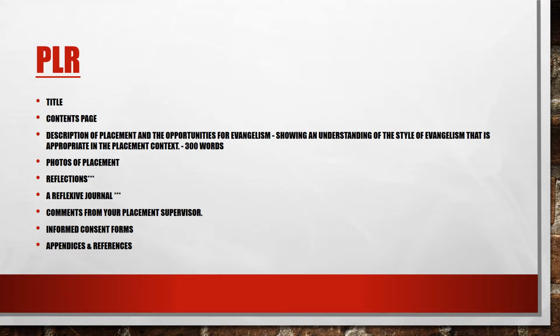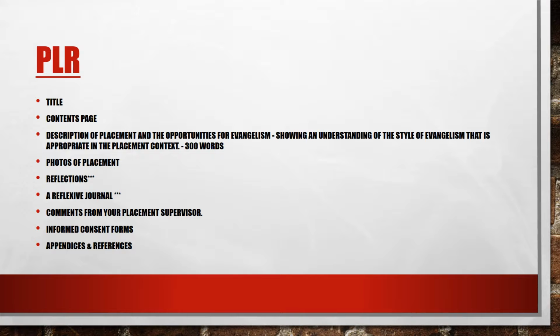You must also have within your record some form of informed consent, and the forms will be somewhere in your handbook for that module. For each SERP module, you'll have a set of reflections you need to do, and this will vary depending on which module it is you're doing.